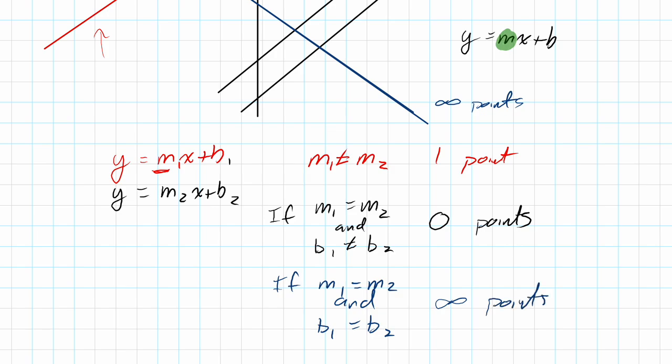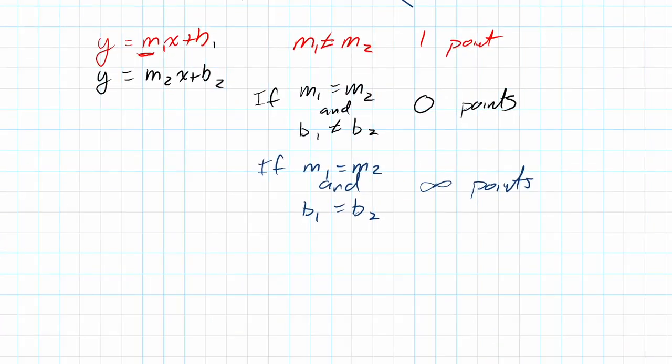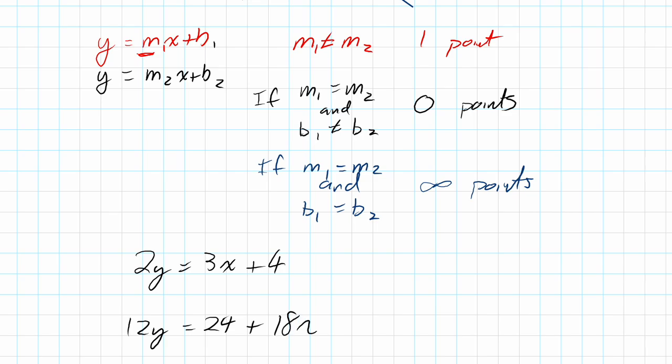Now you might say, well, that's really easy to look at. But what they'll do in their questions for you algebraically is they'll do things like this. They'll write 2y equals 3x plus 4, and they'll write something like 12y equals 24 plus 18x. And they'll ask how many points of intersection. This is tricky.